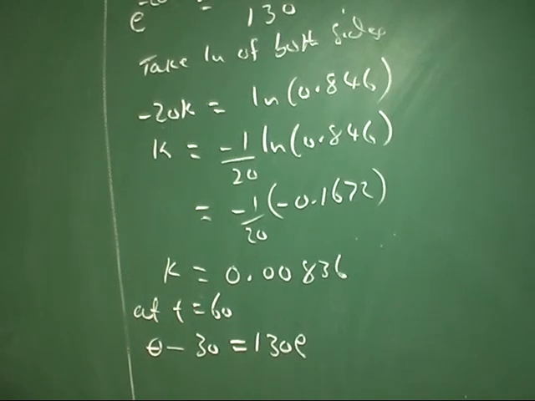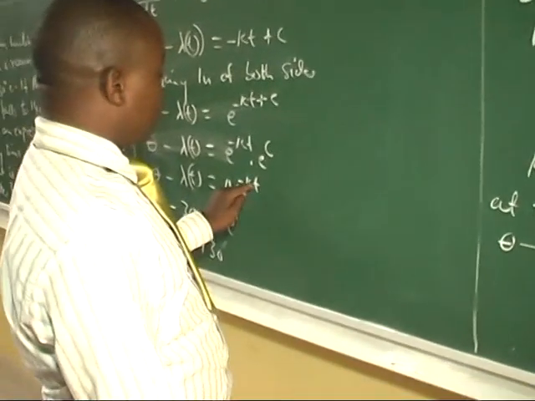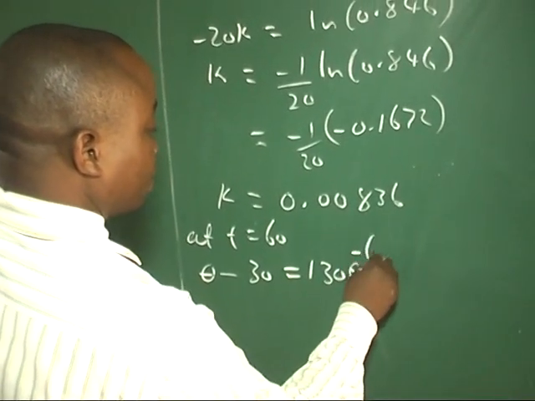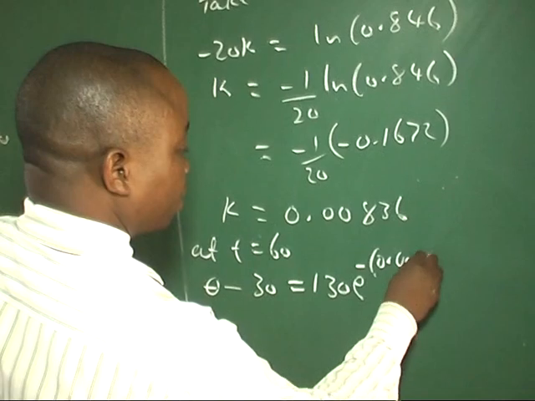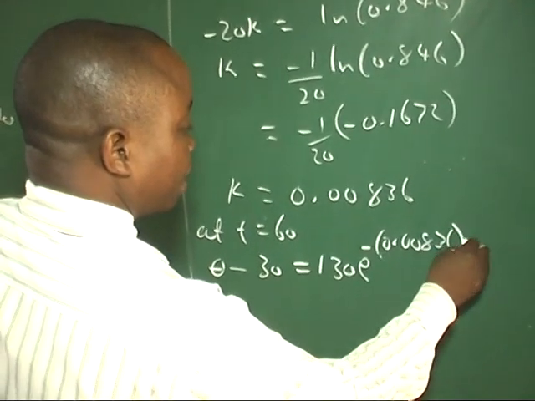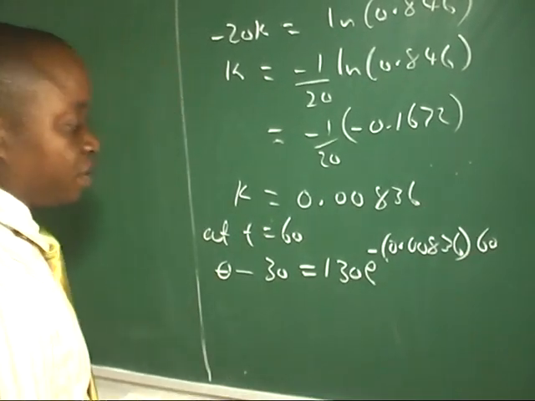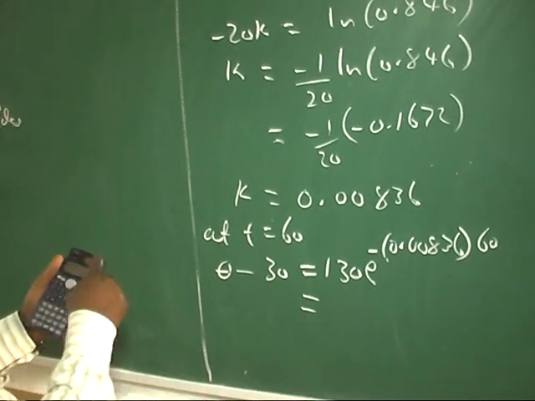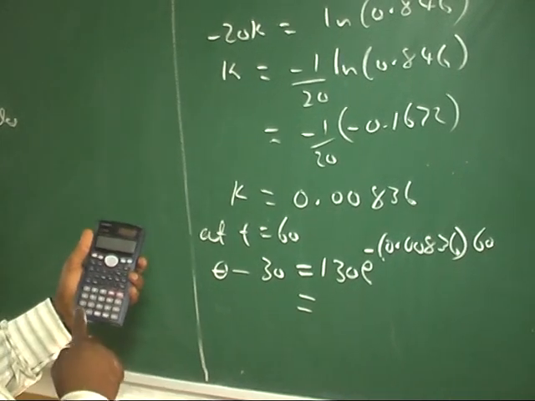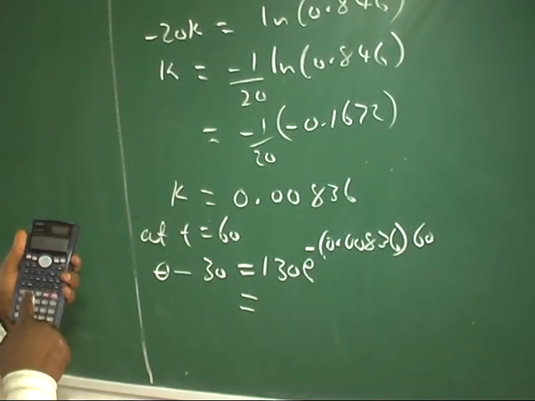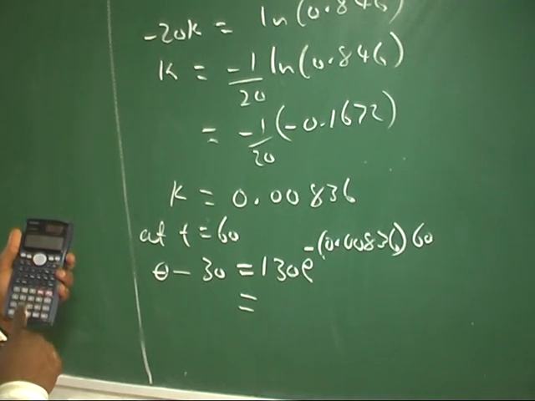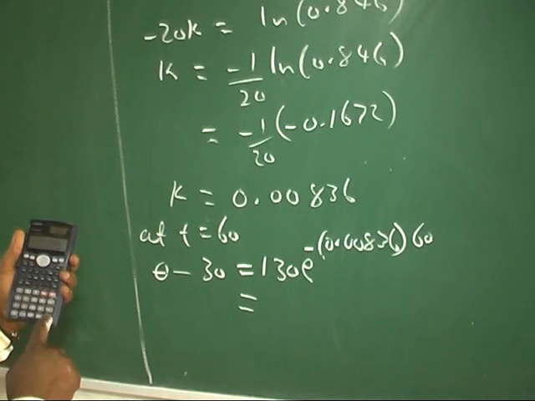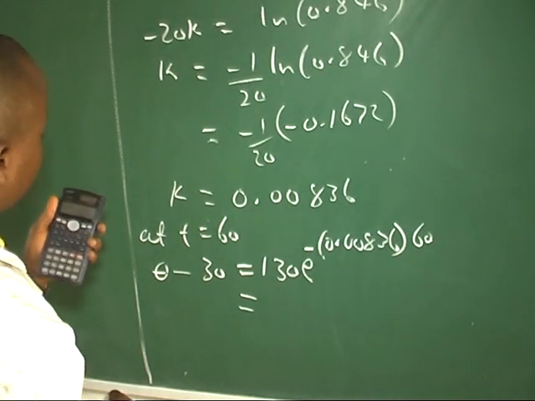minus K, rather minus KT, so we have minus KT, K is 0.00836, and then t is 60. So if we multiply that, let's see what we have. 0.00836 times 60 gives us minus 0.5016.